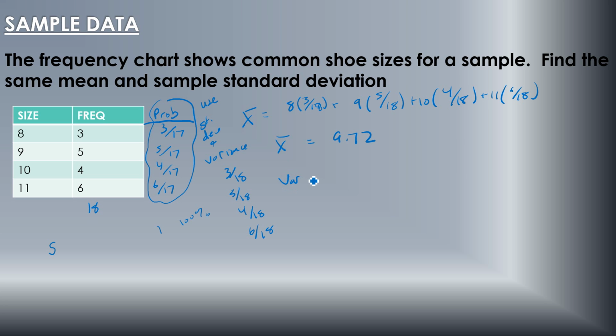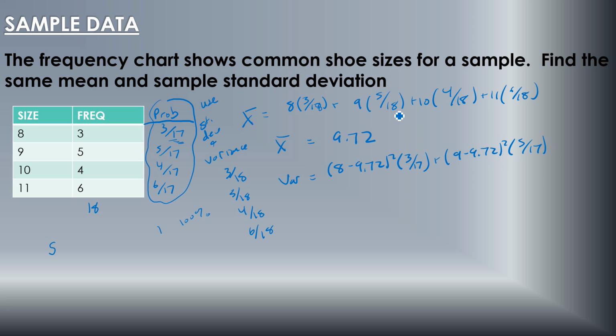Our variance, okay, now our variance is going to be 8 minus 9.72 squared. Now we're going to use this instead of the 18. Plus, now we'll have 9 minus 9.72 squared times 5 over 17.